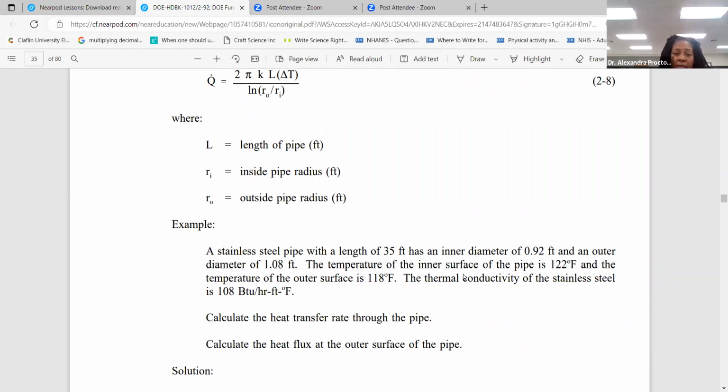And so an example problem is a stainless steel pipe with a length of 35 feet, an inner diameter of 0.92 feet and an outer diameter of 1.08 feet. The temperature of the inner surface of the pipe is 122 degrees Fahrenheit, and the temperature of the outer surface is 118 degrees Fahrenheit.